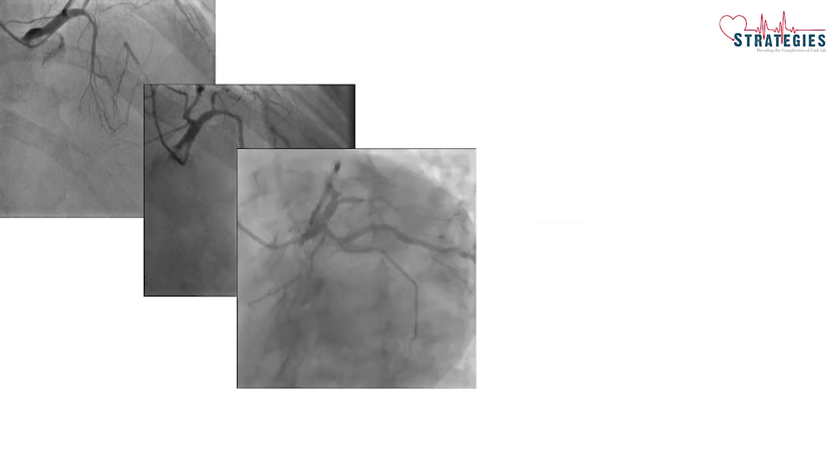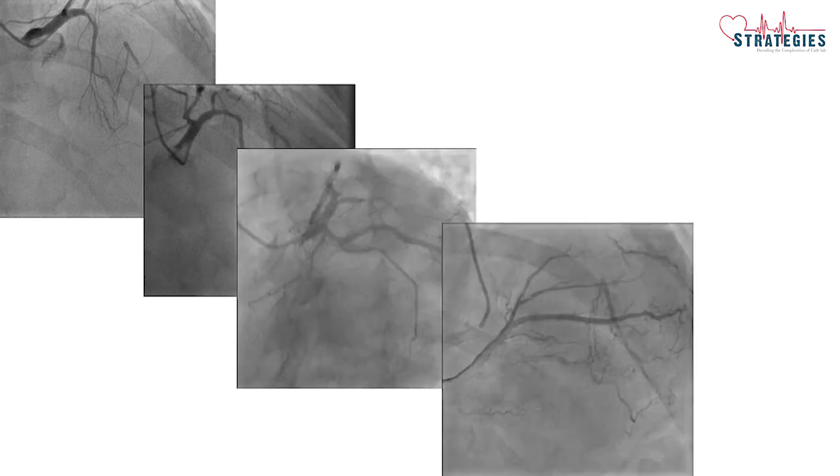When you put this into the hybrid algorithm, this patient also had collaterals from right coronary artery, from PDA to LAD, as well as from PLVB to diagonal. So there are two types of collateral from right coronary artery, one to LAD, another to diagonal.